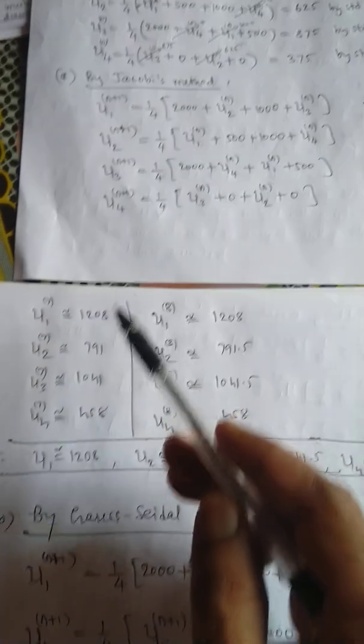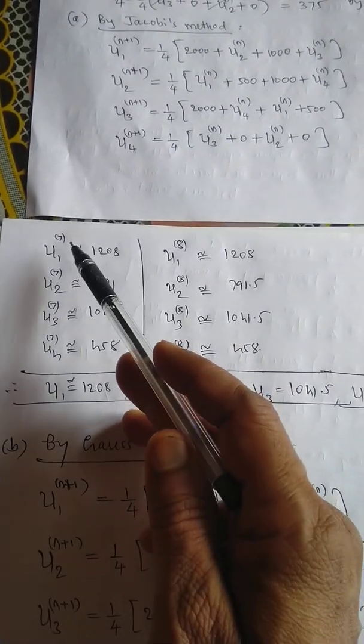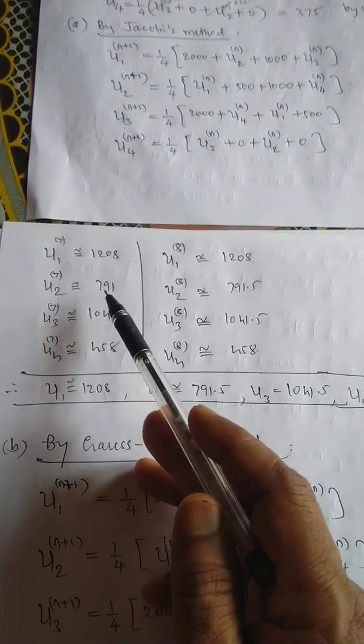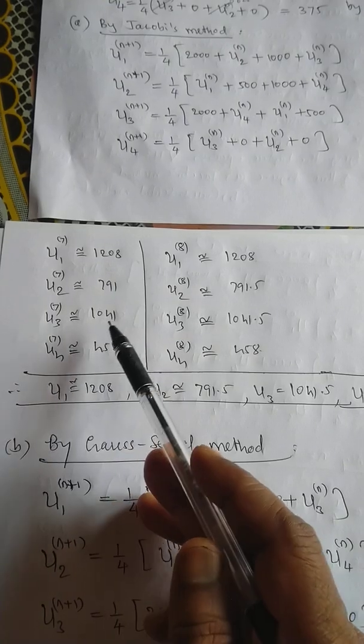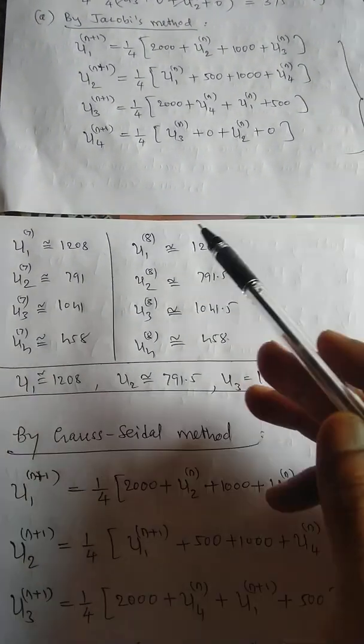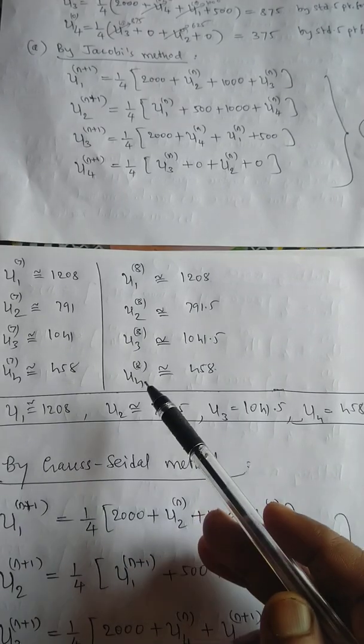So putting n equal to 6 in this, we have the 7th approximated solution. 7th approximated temperature at U1 1208, at U2 791, at U3 1041, at U4 458. Putting n equal to 7 in the Jacobi's system, we have the 8th solution.